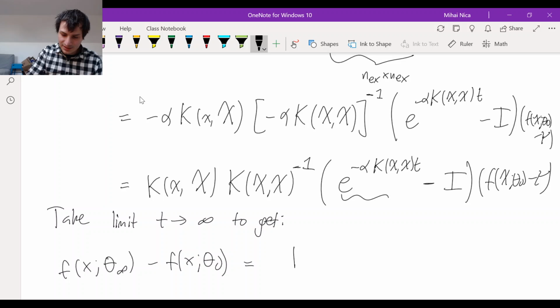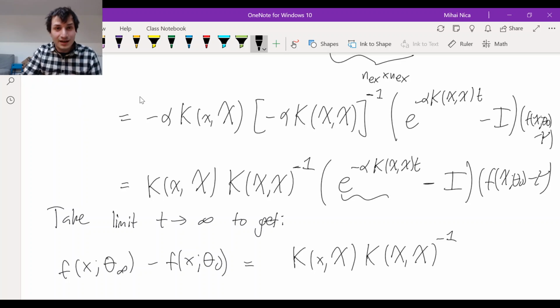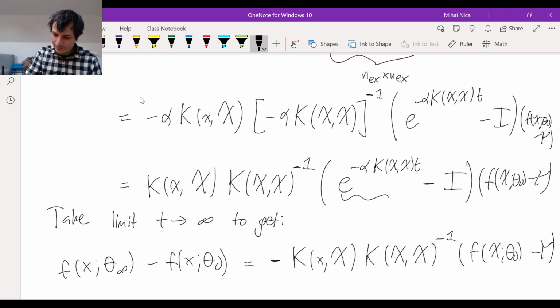So you get k of x inverse. Multiplying by the identity doesn't do anything. The minus sign goes there. And you have f of x theta 0 minus y, which is the formula we wanted. So that's where the formula came from.